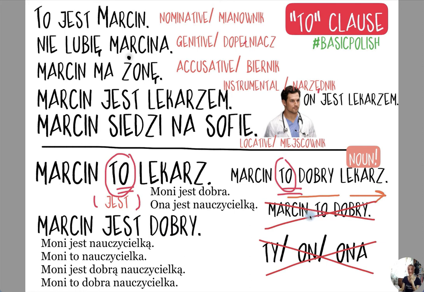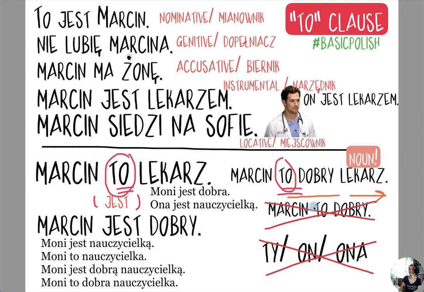But we cannot use an adjective only with the to clause. So you cannot say Marcin to dobry. What I'm trying to say here is you cannot just assume that to replaces jest and you can do whatever you want with it, right? Say Marcin to dobry, on to lekarz. It doesn't work like this, okay?